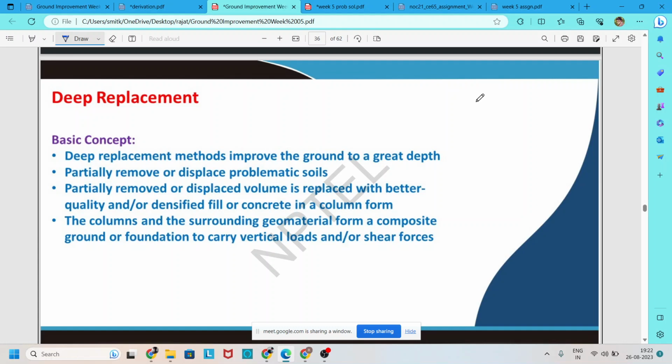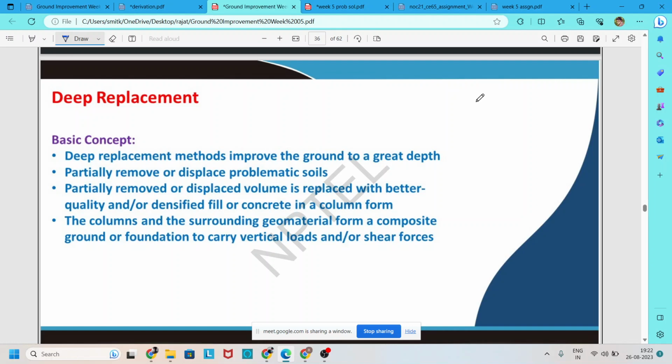Here we replace or displace the problematic soil using different equipment, and this replaced volume is filled by a better, stiffer, stronger material to form a column, like a soil column or compaction column.